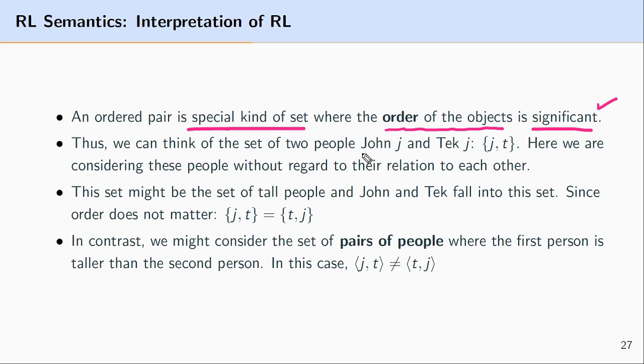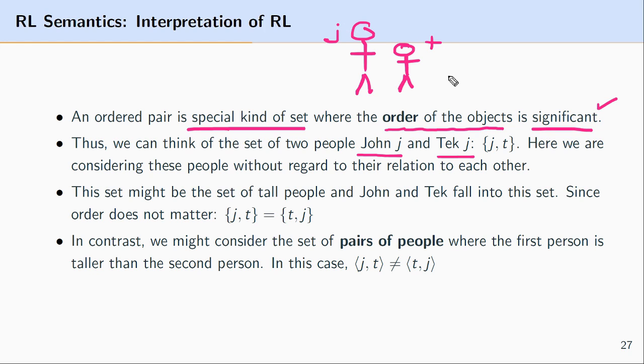Let's say we're talking about two people, John and Tech. We'll represent John as lowercase j, and Tech as lowercase t. Let's draw John and Tech here. Here's John with the j, and here's Tech with the t.